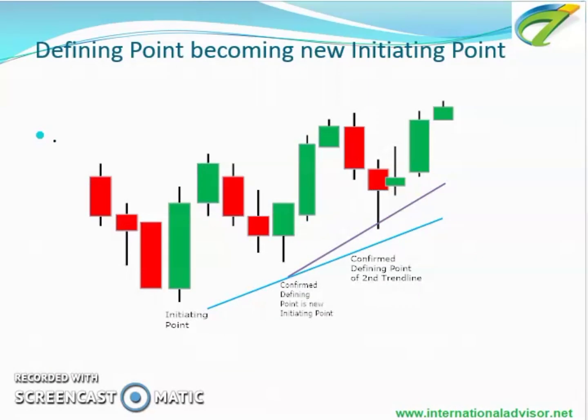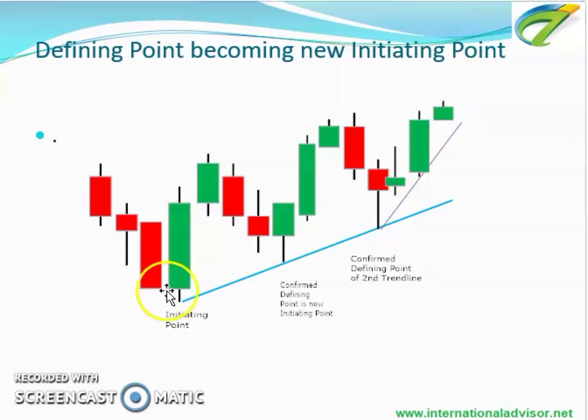So here we can see this is a typical example. As you can see, this is a valid trend line. This is the initiating point, the confirmed defining point. But we can see this is a third touch as well.